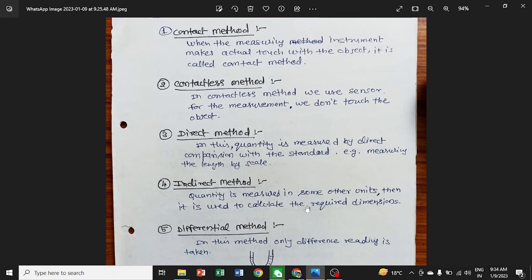Then for calculating the density, you require weight upon volume. So you need some calculation. If such calculation is required, then it comes in the indirect method.